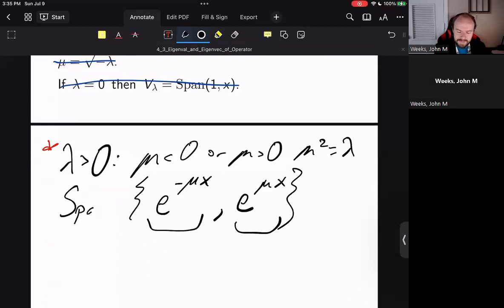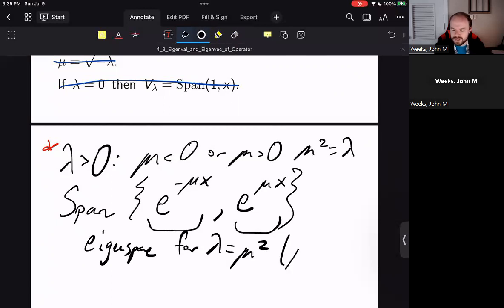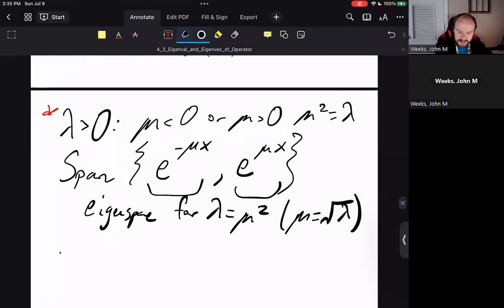The span of these is going to give me my eigenspace for λ, which, as we've said, is μ squared. So in particular, μ is the positive square root of λ. So that was the case when λ is greater than 0. The reason I specified λ greater than 0 is that λ less than 0 with this equation is going to look a little weird.